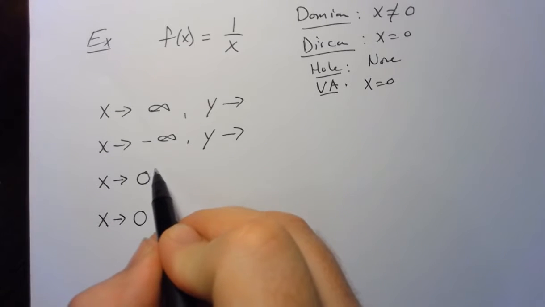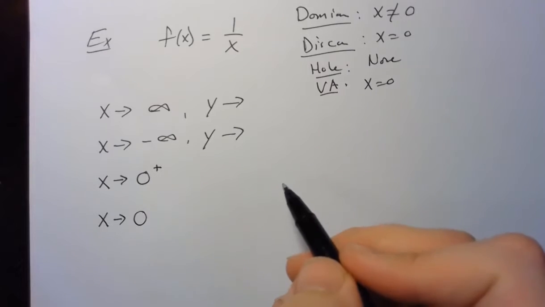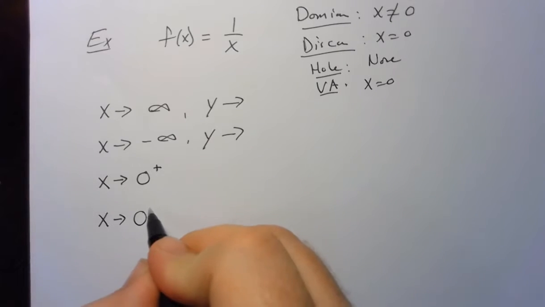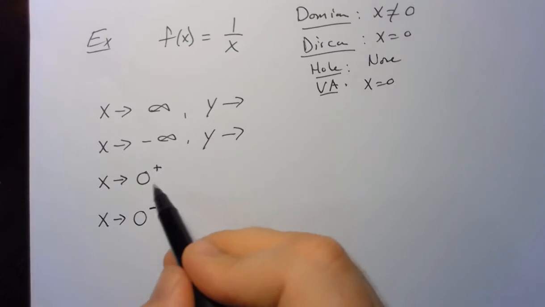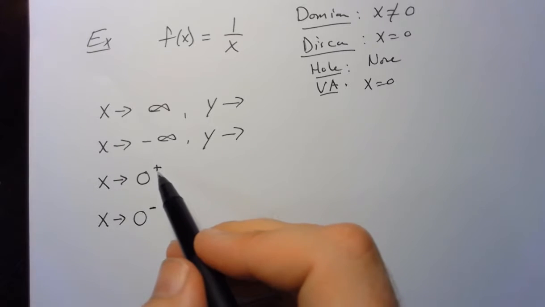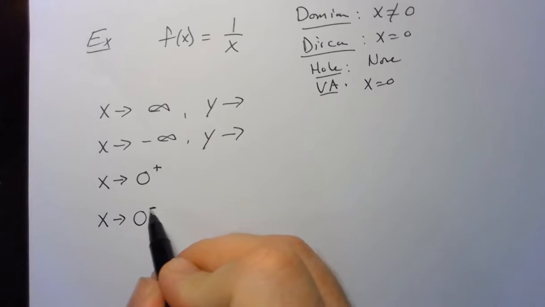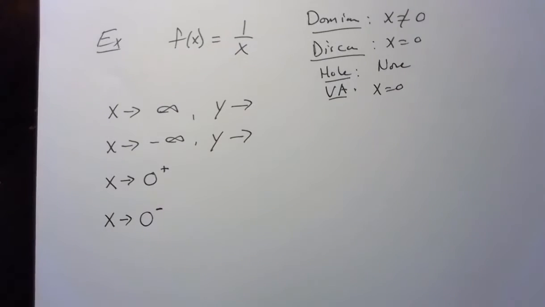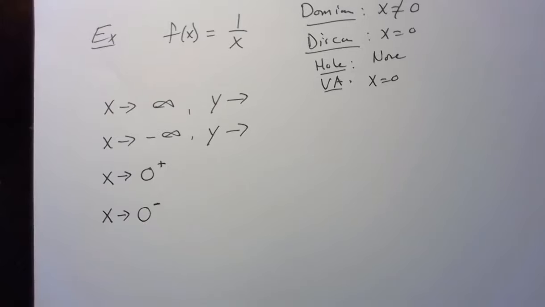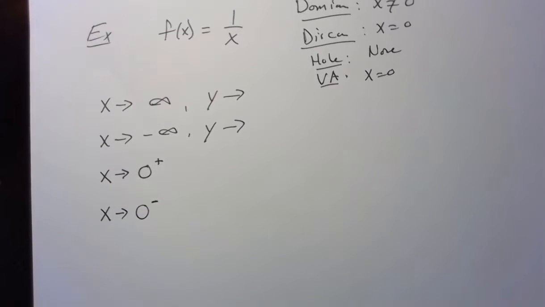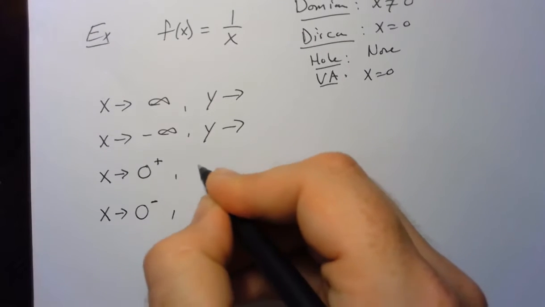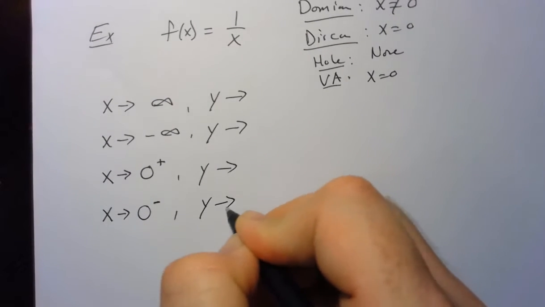So the notation we use for that is we say x approaches 0 specifically from the right, and x approaches 0 specifically from the left. So the right side is coming in from the positive values, coming in from the positive side, and then the 0 to the negative, again, not exponent, but notation. That notation there refers to x approaching 0 from the left.